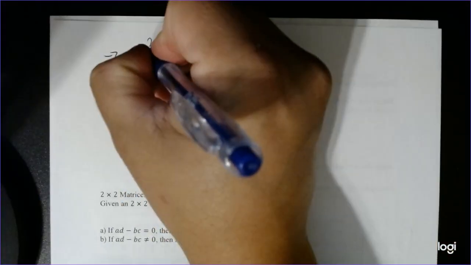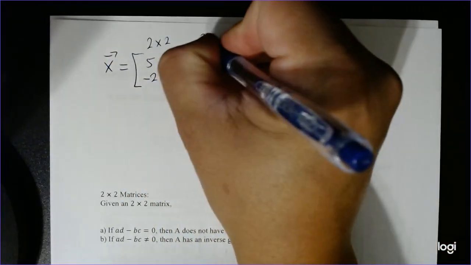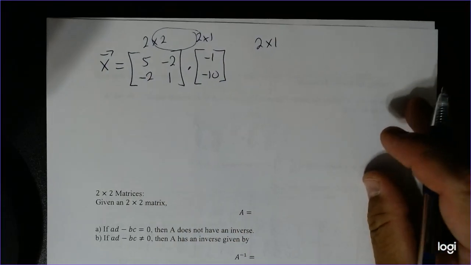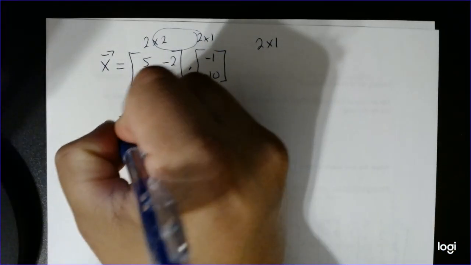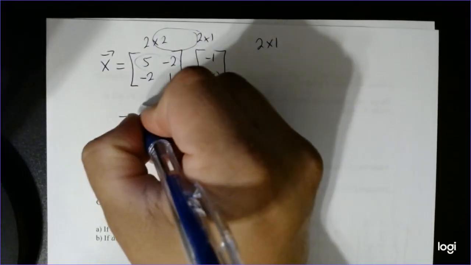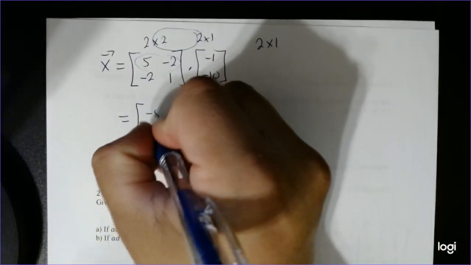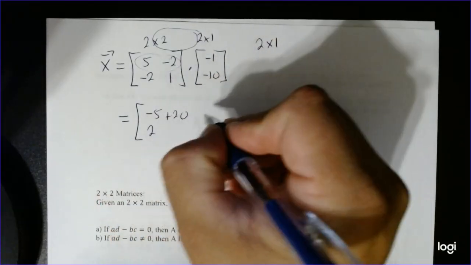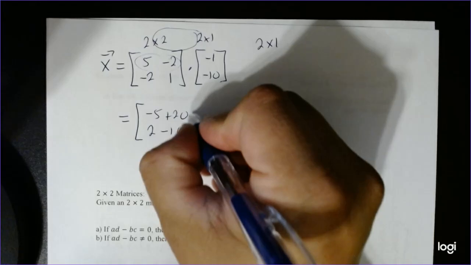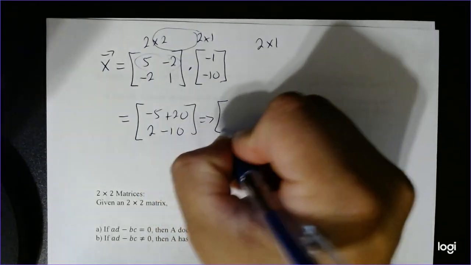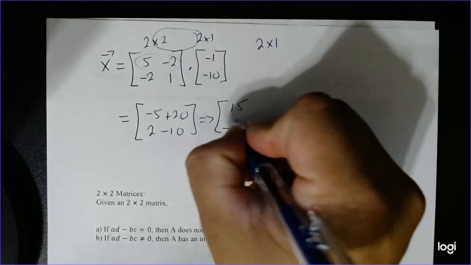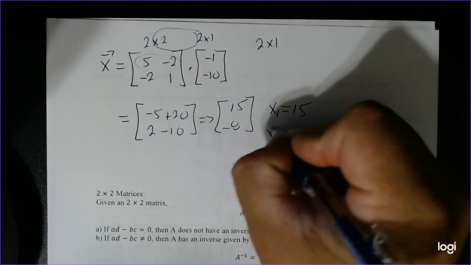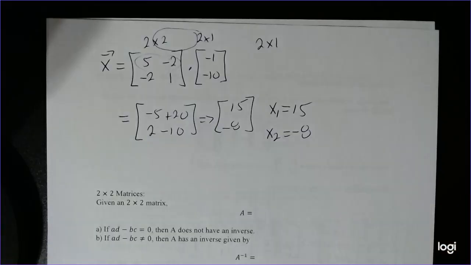And it works, right? This is a 2 by 2, and this is a 2 by 1. So the result is going to be a 2 by 1 matrix. Okay. So row by column. So this means x1 is 15 and x2 is -8.